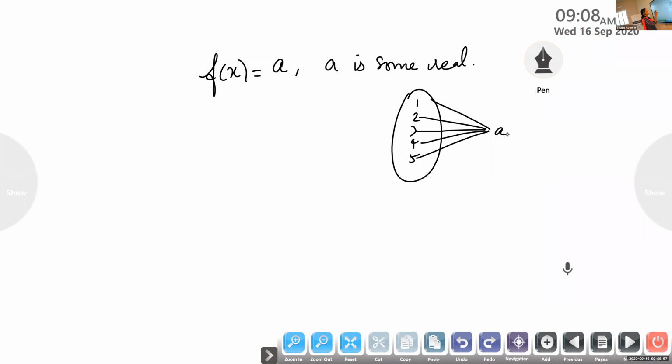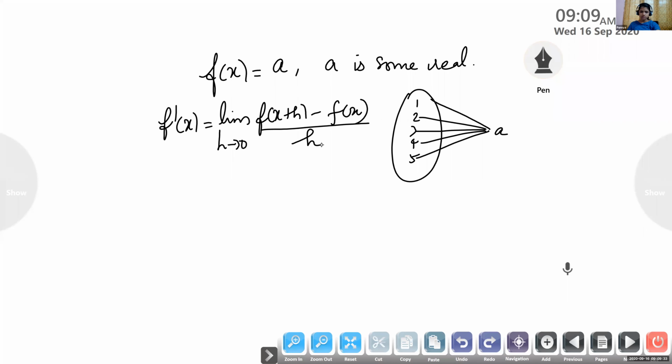For the exam, you have all these topics. Now f of x is A. We are going to find the derivative of this function using first principle. Give me the steps, children. What's the formula to find f dash of x? It is the limit h tending to 0 of f of x plus h minus f of x, all divided by h.